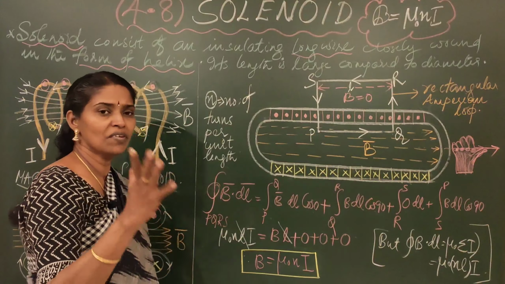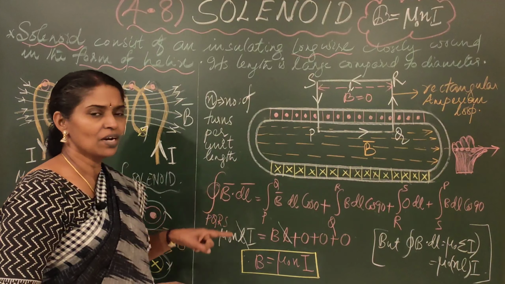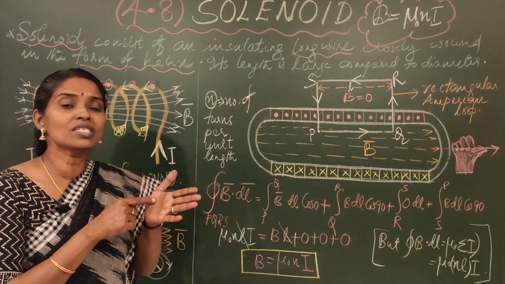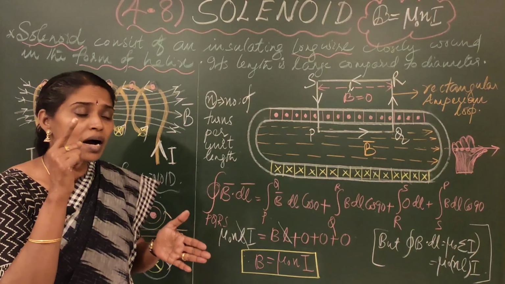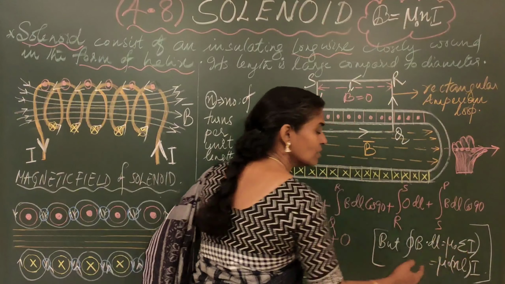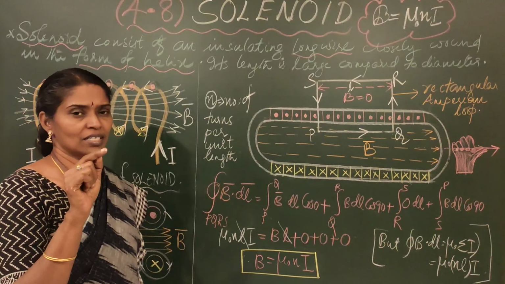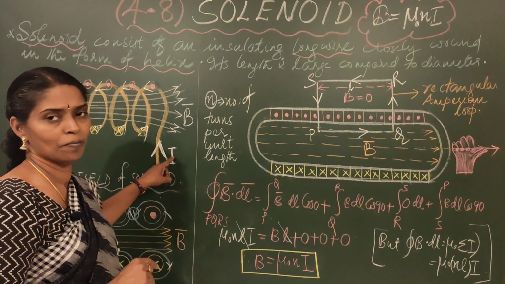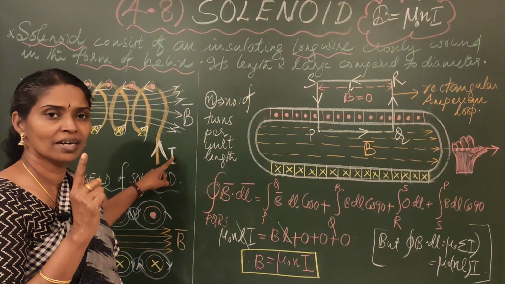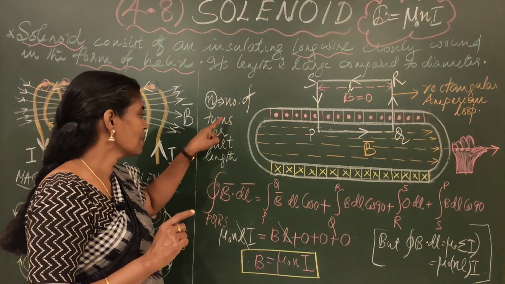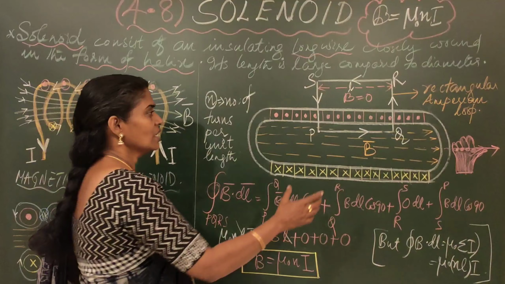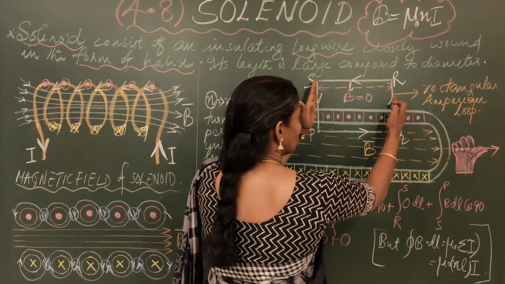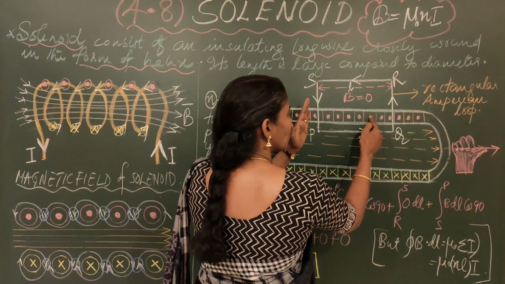dl. But we know the closed integral B dot dl is nothing but mu 0 times sigma I. Sigma I means what? Total current. Total current means what? Each loop carries a current I. How many loops are there? If n is the number of turns per unit length, inside length L, how many turns? 1, 2, 3, 4, 5, 6, 7.